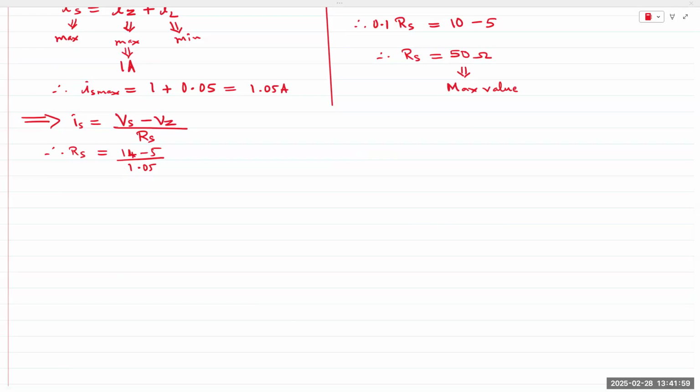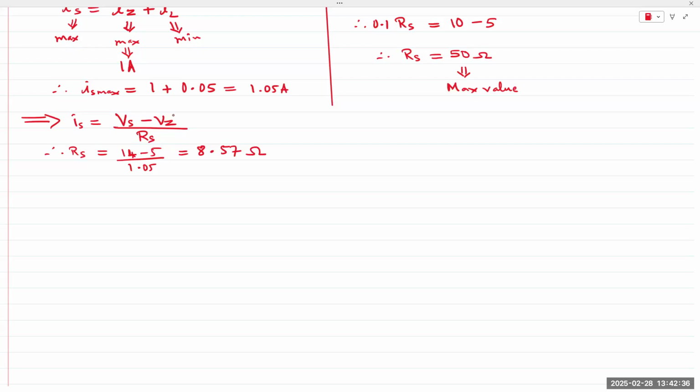Anyone? What value of RS do you obtain? 8.57, yes. RS cannot drop below 8.57.